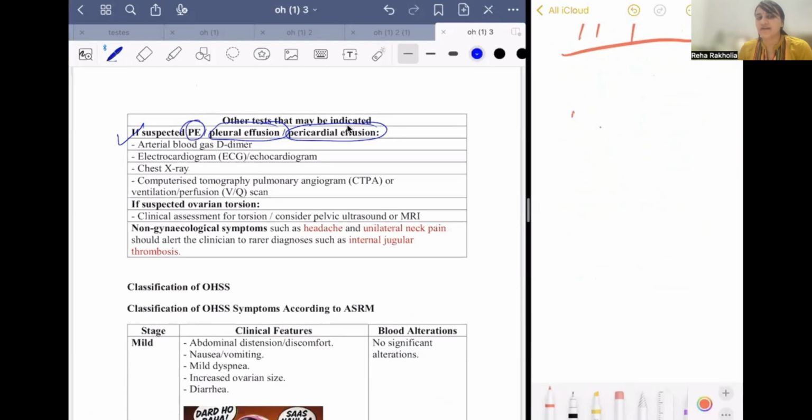If ovarian torsion is suspected, we'll do the clinical assessment of torsion, and we'll consider doing pelvic ultrasound or MRI.